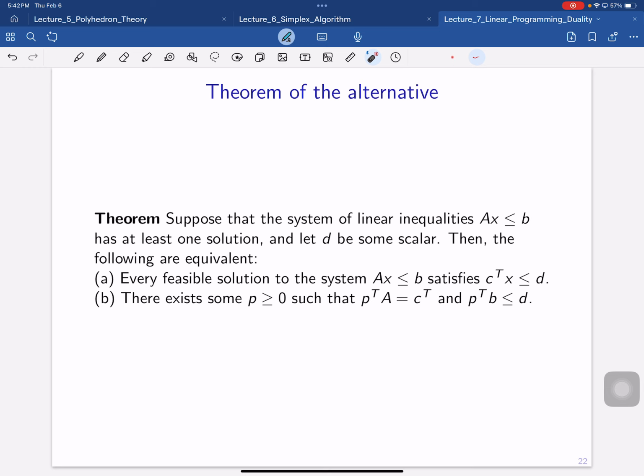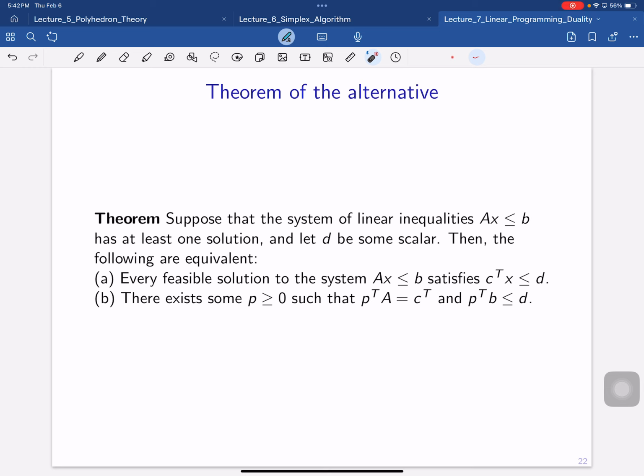A: does every feasible solution to the system satisfy this linear constraint? This is a single linear constraint. And B says there exists some p such that p transpose A equals c transpose, and p transpose b is less than or equal to d.